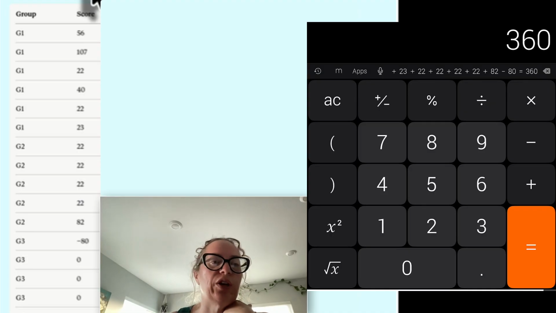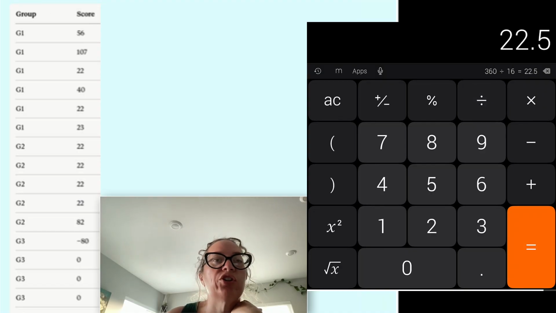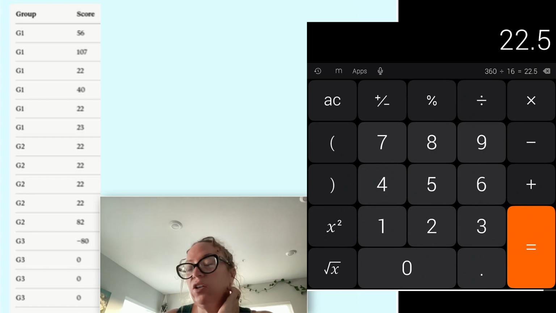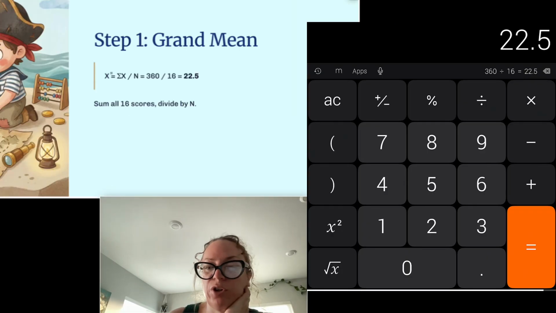That gives us a grand total of 360 divided by 16 total. So our grand mean is 22 and a half. You sum all 16 scores, divide by n, and you have a grand mean of 22 and a half.